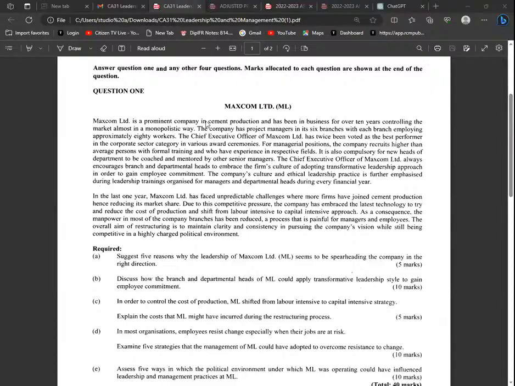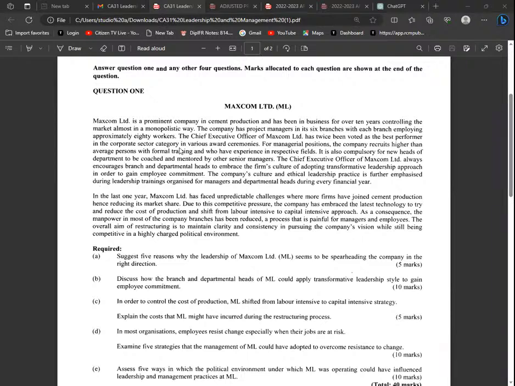Project management is a key cog of running a company effectively. You need project managers. The CEO of Maxcom Limited has twice been voted as the best performer in the corporate sector category in various award ceremonies. So meaning that we have got an effective CEO.